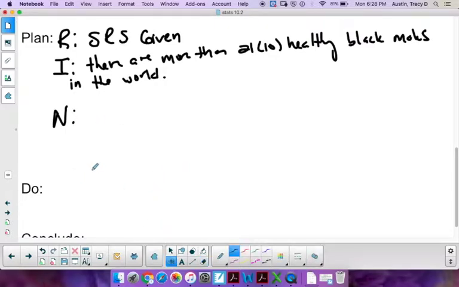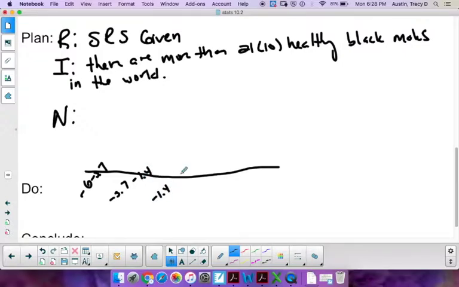And I'll just move the do down. Okay, so I know I need to go from negative 6 to positive 19. So that's negative 6 to negative 3.7, and the next one, if I add another 2.3, is negative 1.4, to, wait, no, hold on.